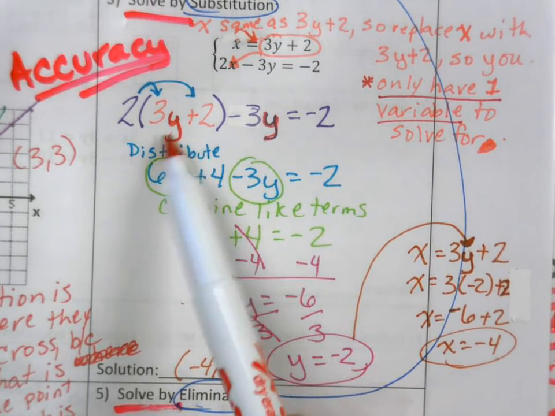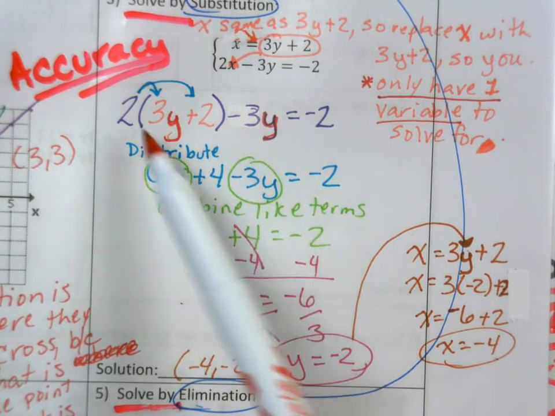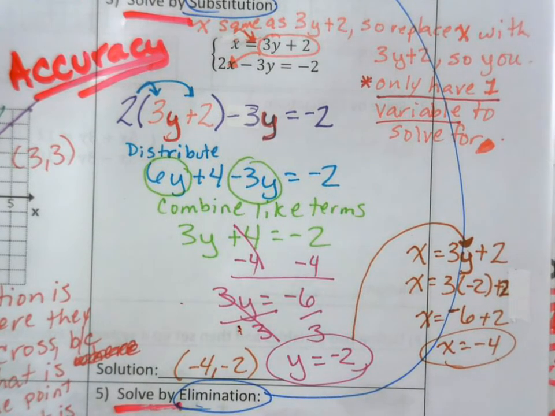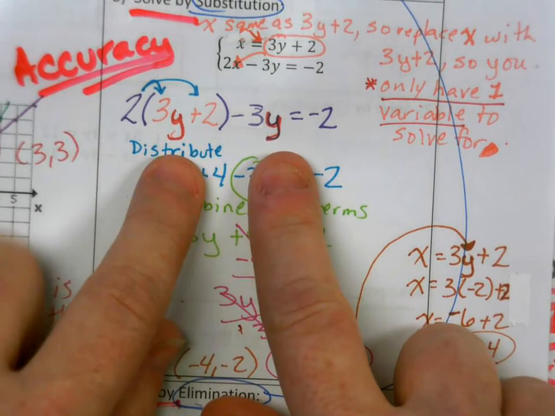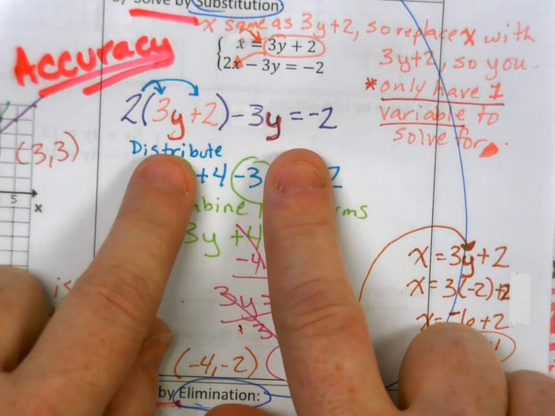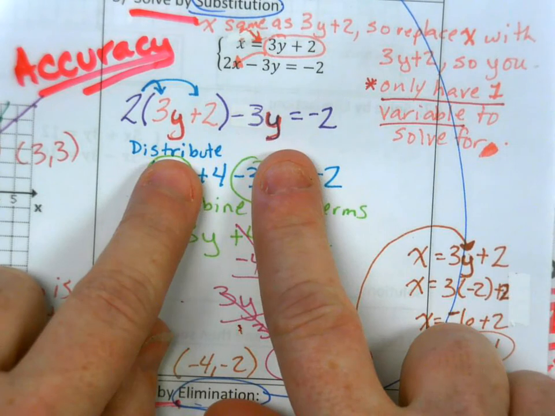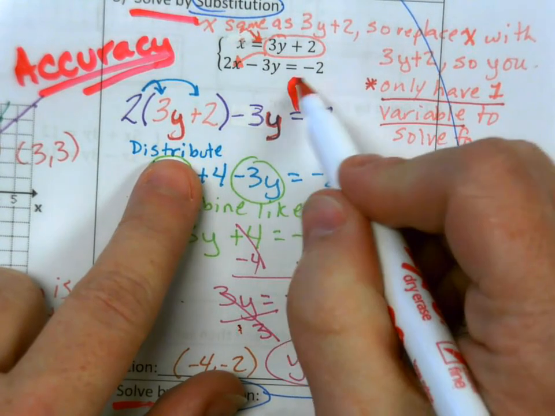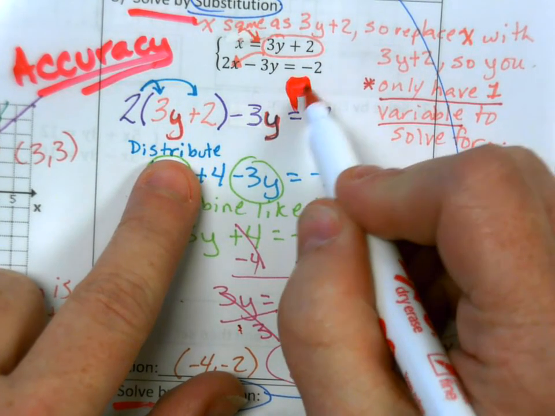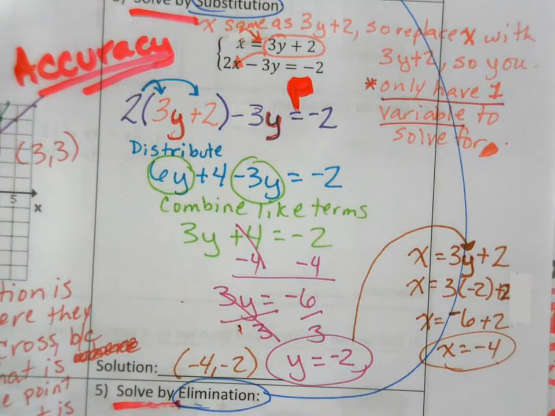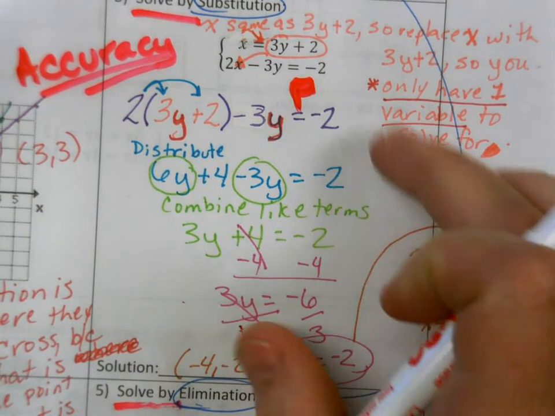Once you replace it, you should only have one variable left. If you end up having two variables, you substituted it in the wrong spot. So that should be a red flag, a red flag that you have two different variables after you substitute.